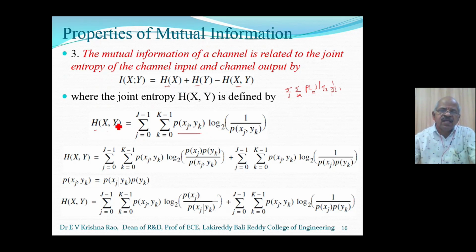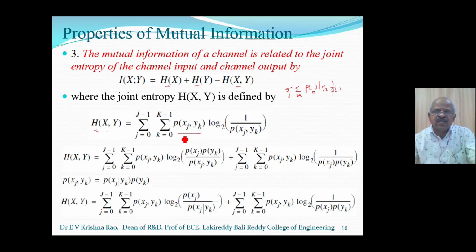That is the joint entropy, in the same way as the entropy definition. If we take this joint entropy, we can further simplify it to find the mutual information in terms of H of x plus H of y minus H of x comma y. So I'm taking this third term, H of x comma y. By the definition, this is the expression.